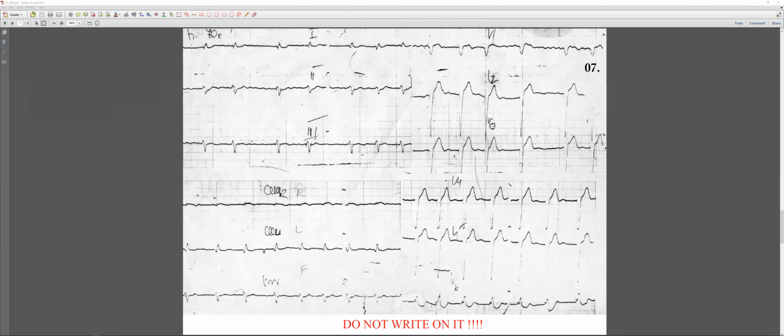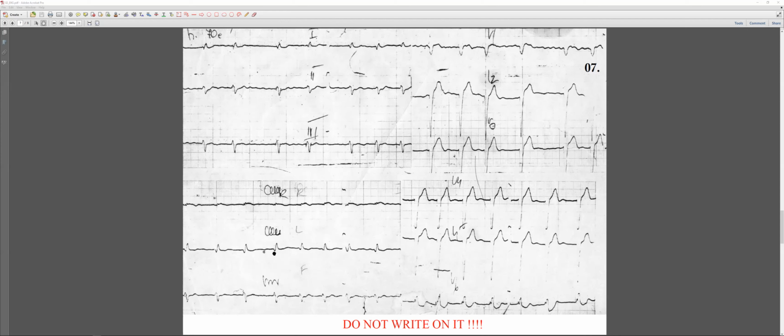This is arrhythmic. Yes, it's arrhythmic. Very good. Okay. The heart rate. Yes, the heart rate. 70.